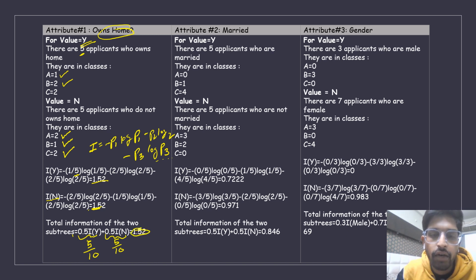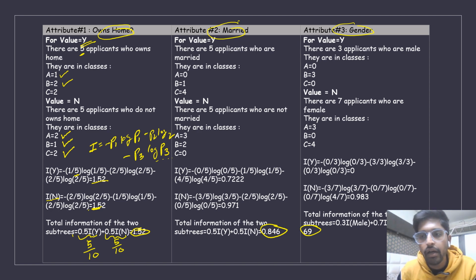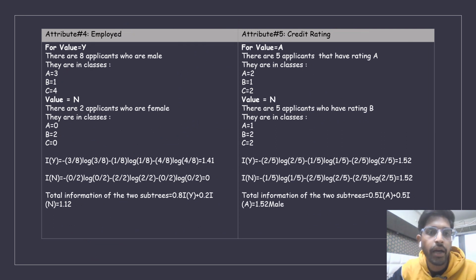Now similarly we calculate for each one, that is married and gender. The final values come out to be 0.846 for married and 0.69 for the gender column, and the remaining two are employed and credit rating.